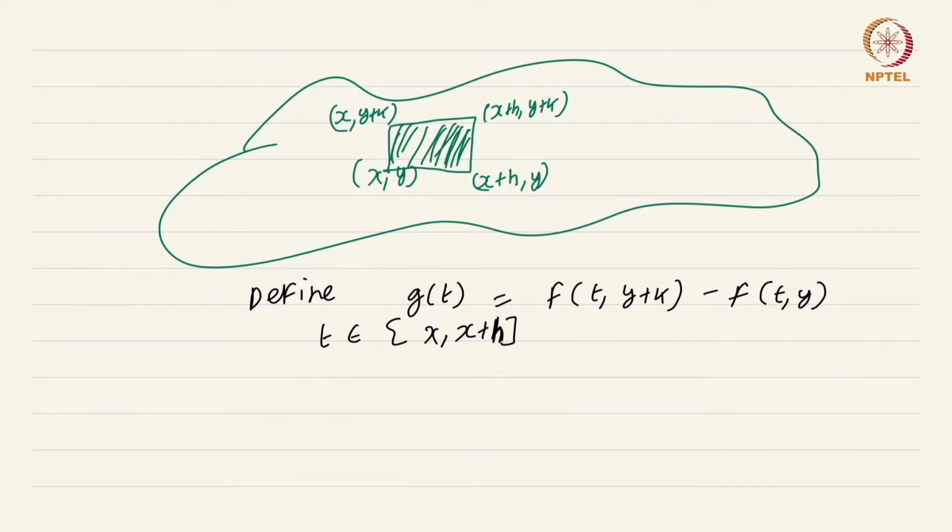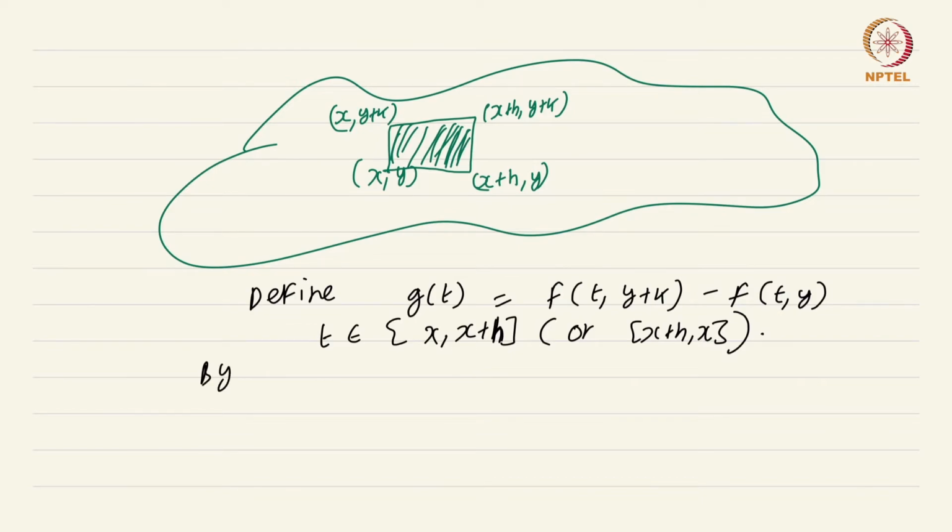Of course I'm treating h and k as positive. I want you to go do the same arguments, it will be quite similar whenever h or k is negative. If h were to be negative, this function g will be defined in the closed interval [x plus h, x]. I'm not going to treat the negative case, and the proof in the negative case is exactly the same.